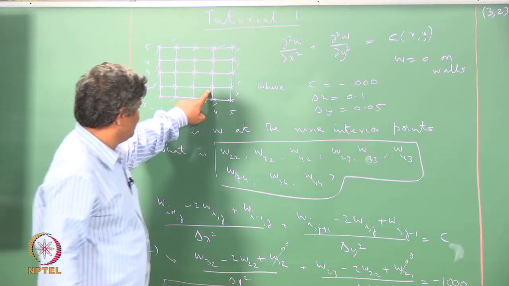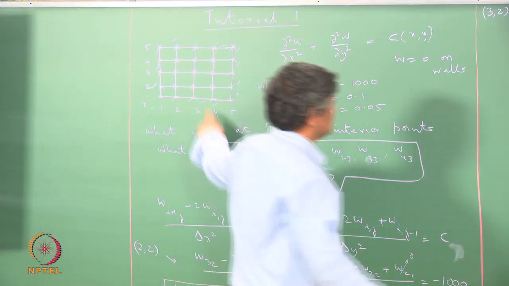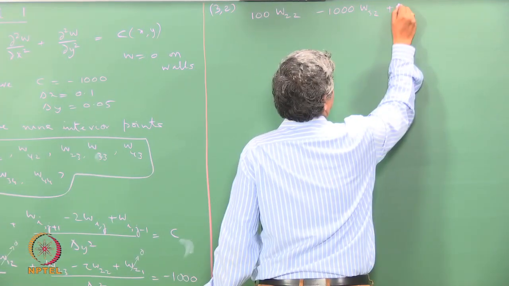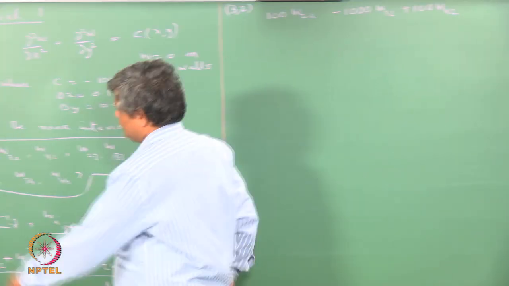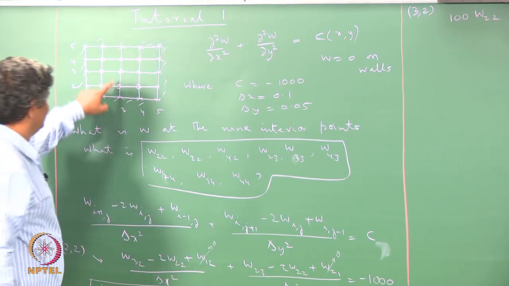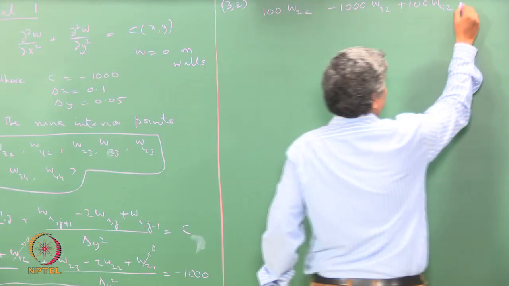Then we will have this point here, that is W42, and that comes with 100. And then we have this point which is 33, and that comes with a coefficient of 400.